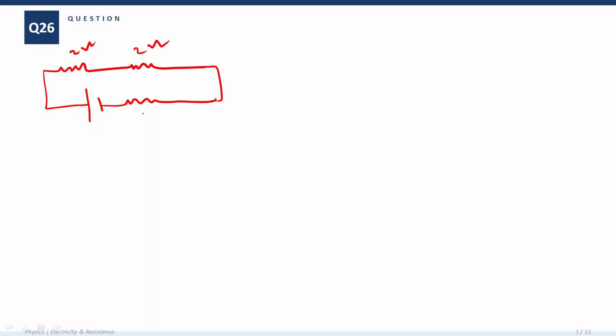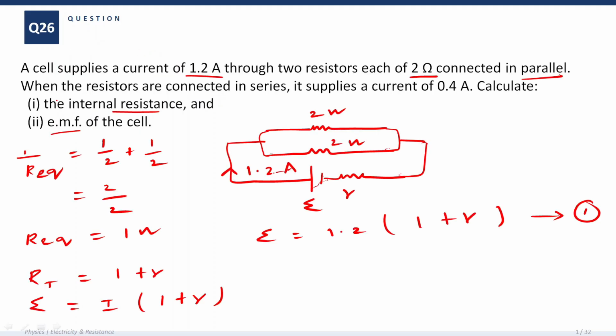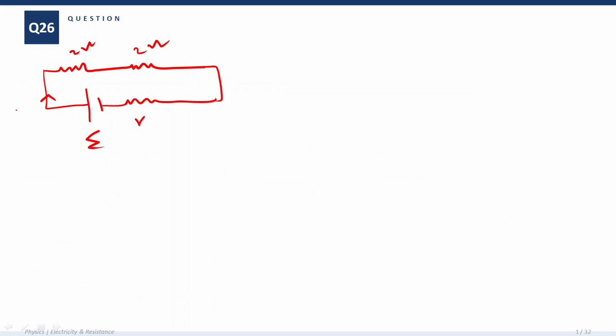Now, if both are arranged in series, see the circuit first. This is 2 ohms, 2 ohms, internal resistance R, electromotive force epsilon, and the current flowing through is 0.4 ampere.